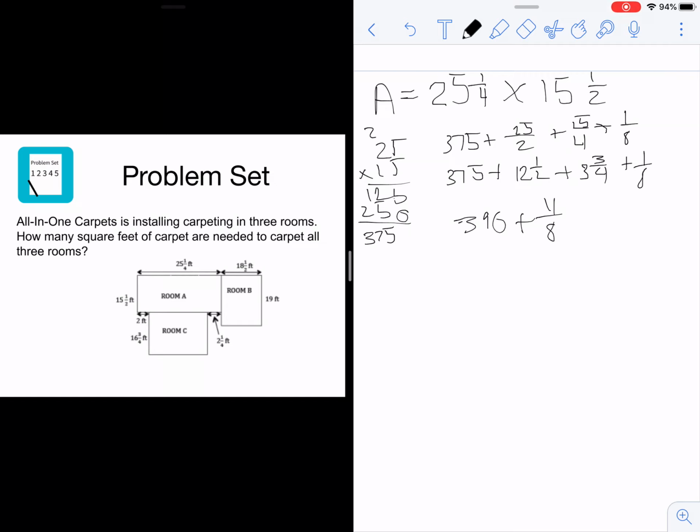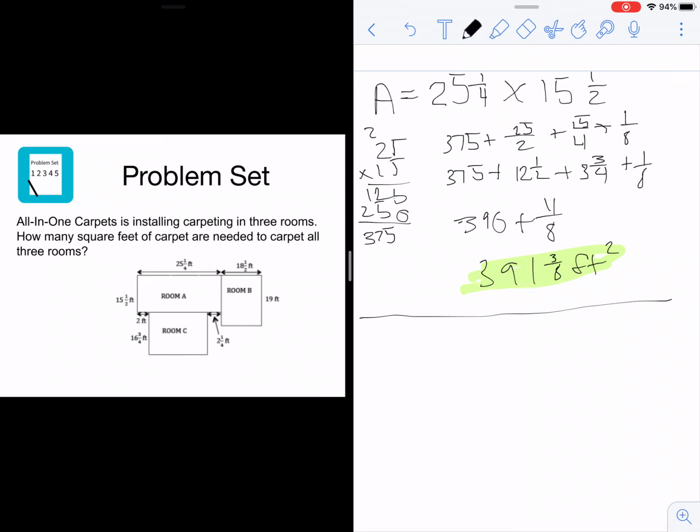And 390 plus 11/8 gives us 391 3/8 feet squared. So this is the area of A. I'm going to draw a line, and I'm going to highlight our total area for A.